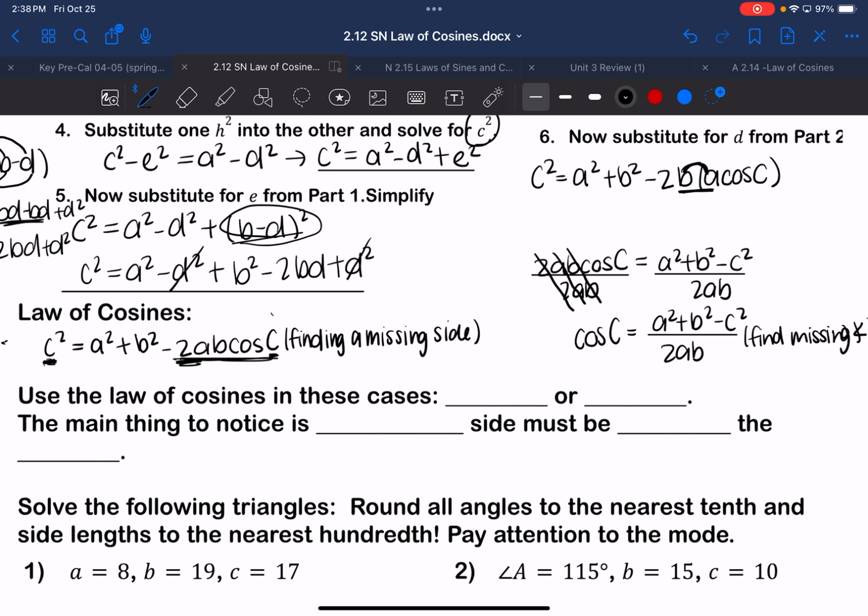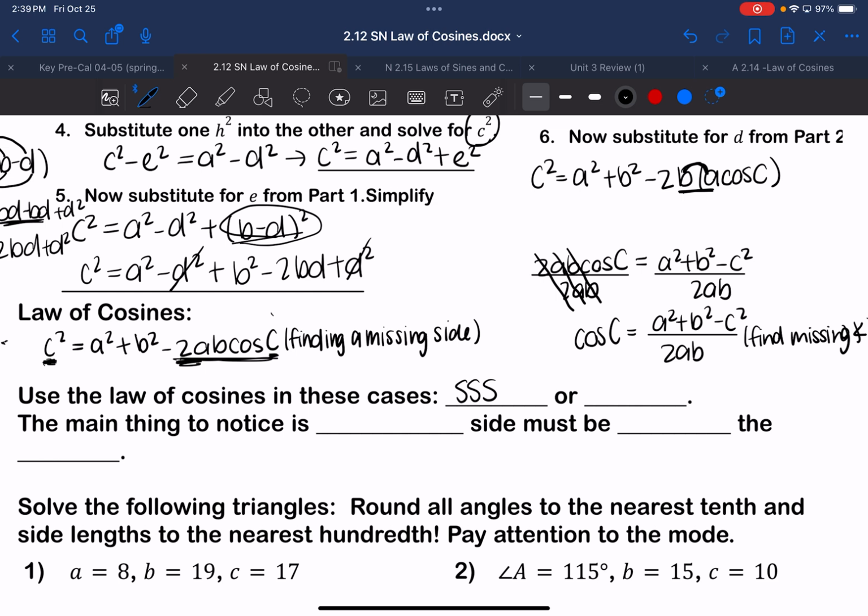All right? So just like with our law of sines, there are certain cases where you would want to do this. The cases in which you're going to want to use law of cosines is when you don't have that pair, right? We said for law of sines, you have to have a corresponding side and angle pair to put in one of your ratios. So maybe they don't give you any angle at all. So in the problem, all they give you is the sides. So that would be the case of side, side, side.